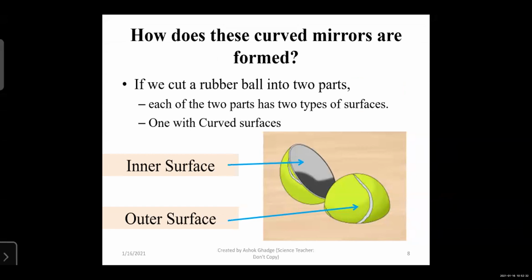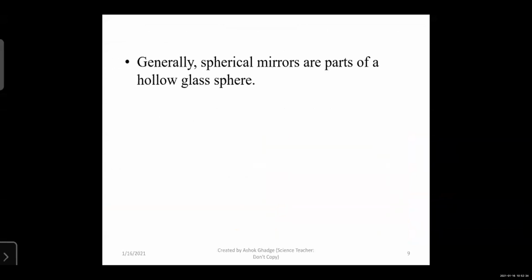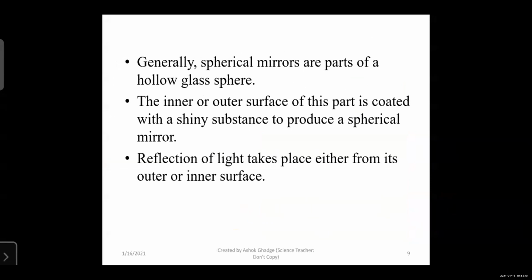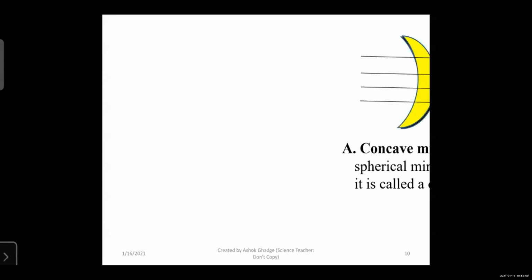Like that, in glass also, generally spherical mirrors are part of a hollow glass sphere, and the inner or the outer surface of this part is coated with a shiny substance to produce a spherical mirror. Now, the reflection of light takes place either from its outer surface or the inner surface.